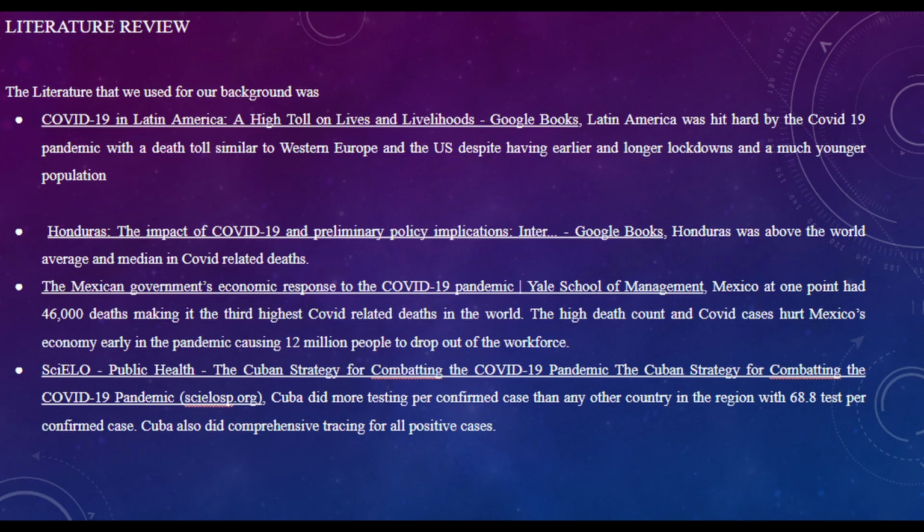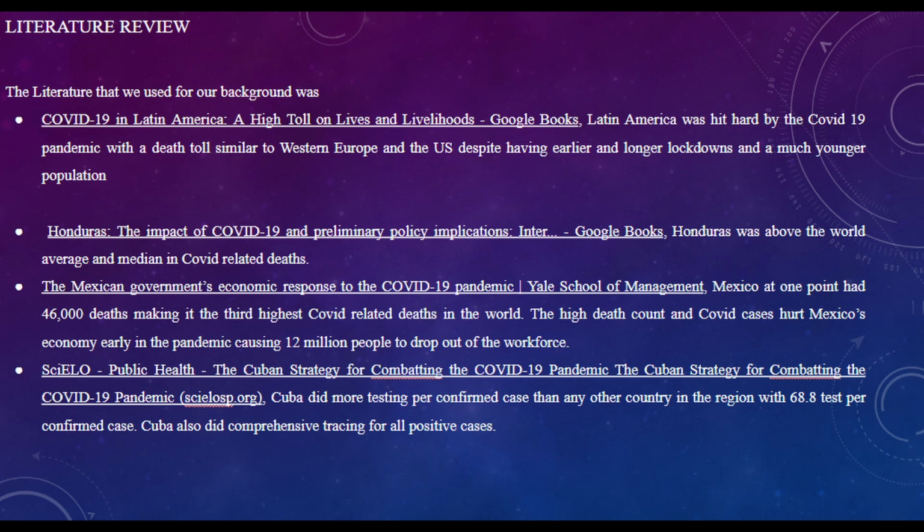From the literature that we read, we got some key insights. We learned that Latin America was hit hard by the COVID-19 pandemic, with a death toll similar to Western Europe and the United States, despite having earlier and longer lockdowns and a much younger population. We learned that Honduras was above the world average and world median in COVID-related deaths.